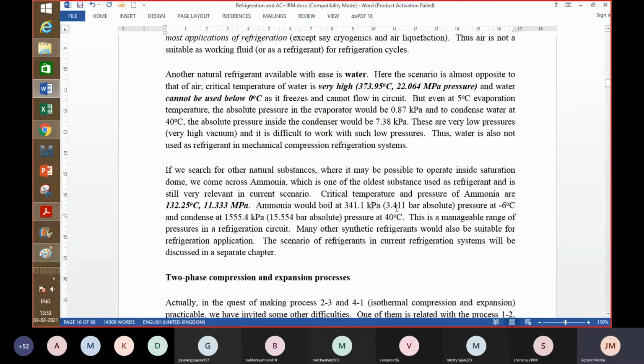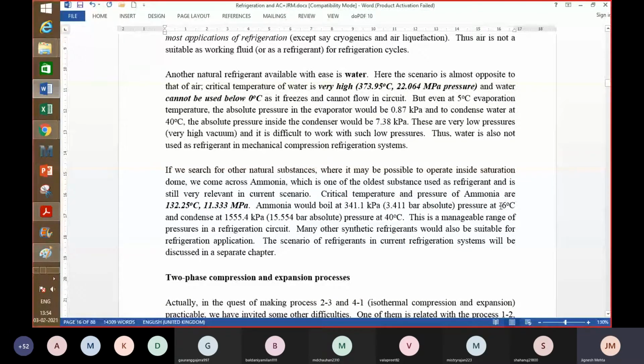So this is the pressure in the evaporator where it is evaporating, and it can condense at 15.554 bar absolute pressure at 40 degrees Celsius, right? So this seems to be a manageable range of pressures in a refrigeration circuit.